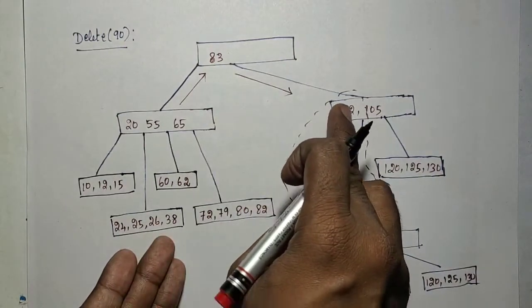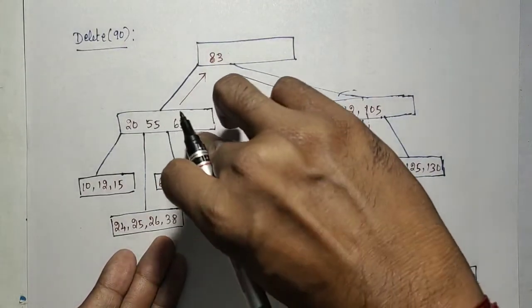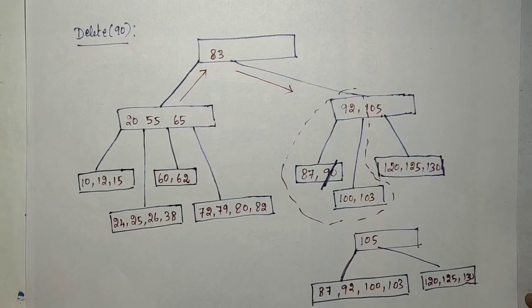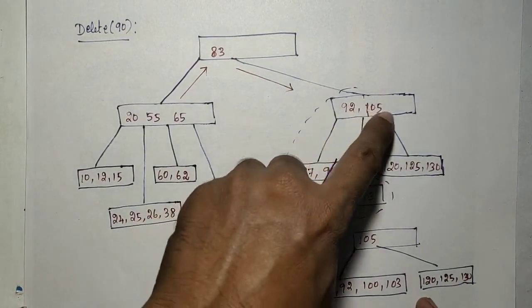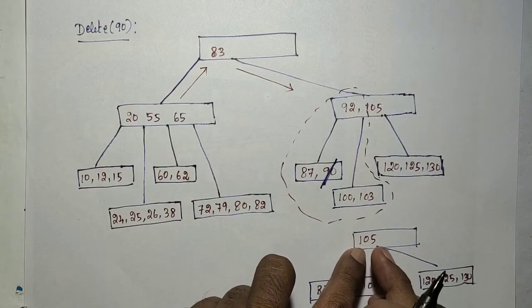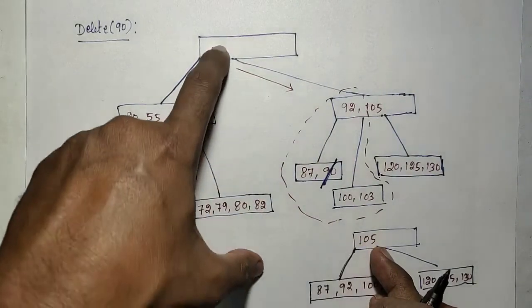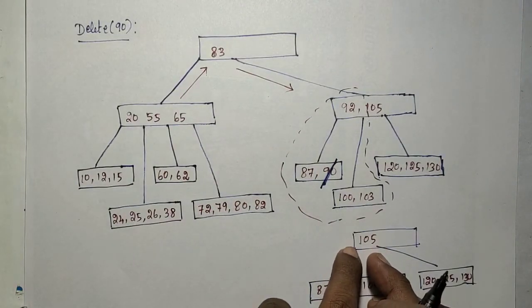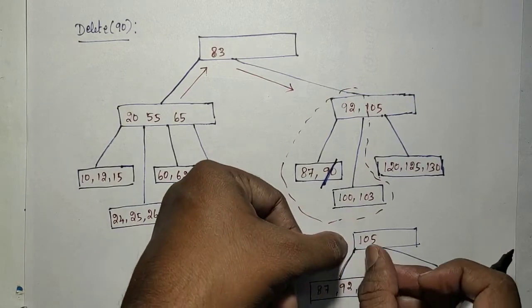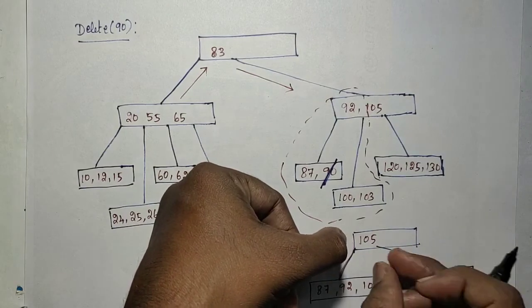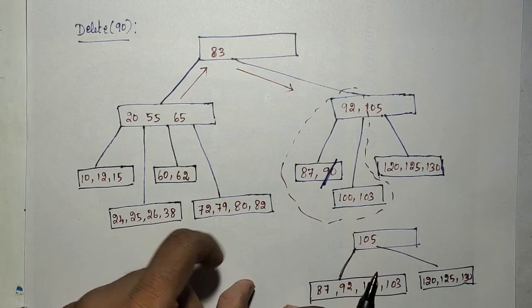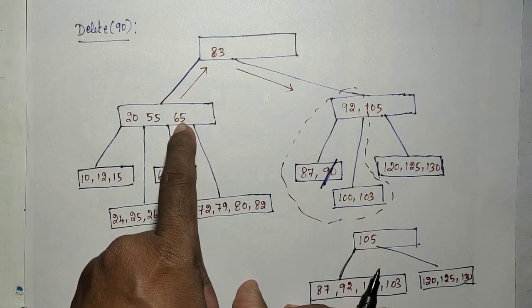The left of 83, this branch, will get shifted. Here this node has 105 alone now, so along with that 105, 83 will be added. With that 83 there is no change in these two links. The left of 83 should be one node, which is nothing but what we have moved, the right of 65.